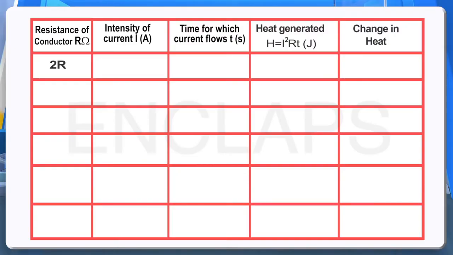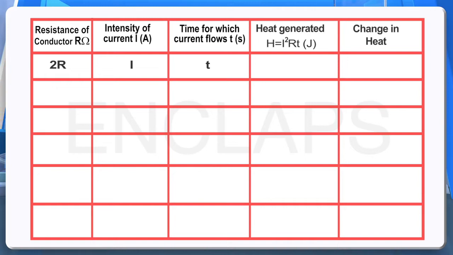Now, let us complete a list based on Joule's law. Here, the amount of heat generated in each case with respect to the change in current, resistance, time can be found using Joule's equation. The resistance of a conductor is 2R, the intensity of current is I, and the time taken for the current to flow through the conductor is T. Then H is equal to I square RT is Joule's equation.